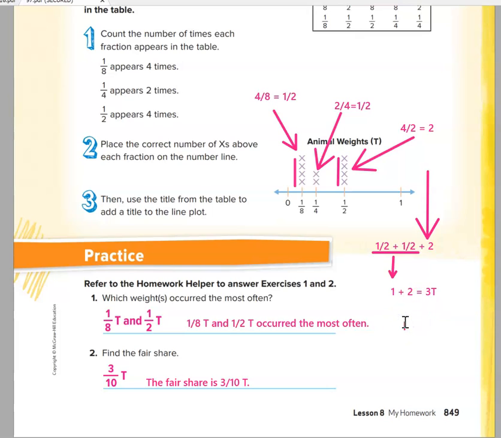So I'll take the 3 and divide by 10, or 3 over 10, which is basically a fraction. So the fair share is going to be 3/10 of a ton. If I gave each animal that weight equally, it would all be 3/10 of a ton. Let's go on to the next page now.